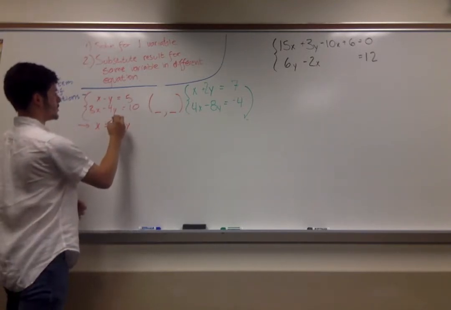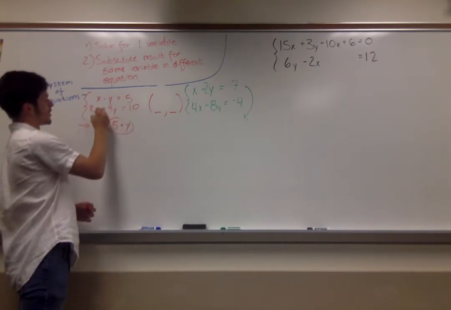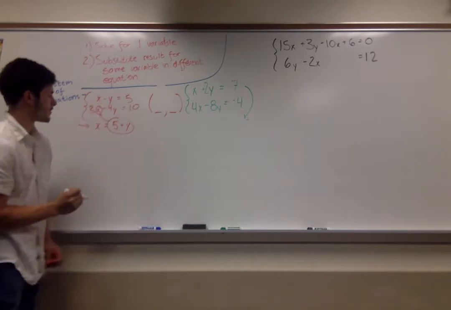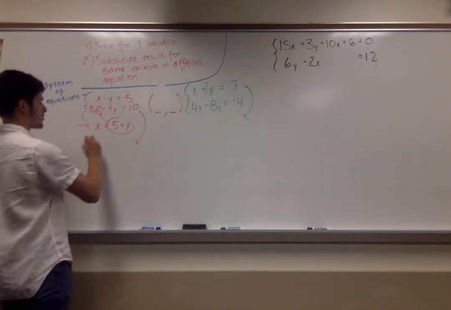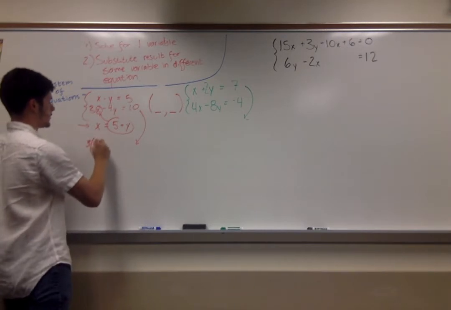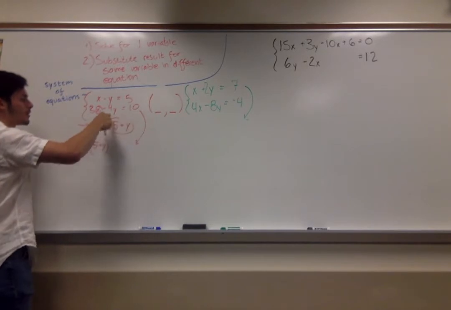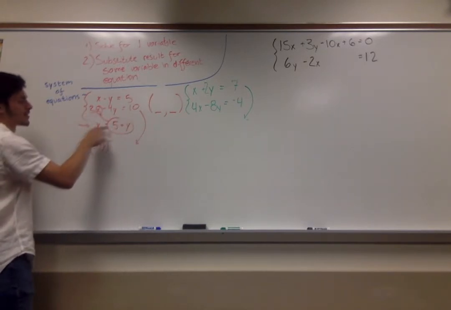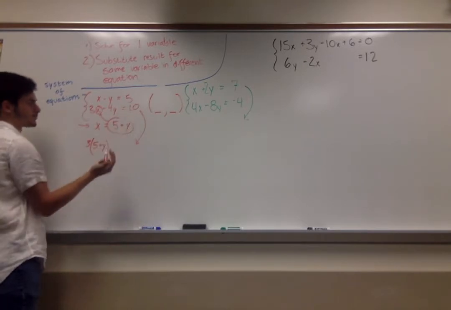More specifically, since x is equal to that, we can plug that right into that x. So what that's going to look like now is 3 times 5 plus y, because you have to multiply it by the entire thing, right? Because it's 3 times x, and x is 5 plus y. It's not 5, it's 5 plus y.